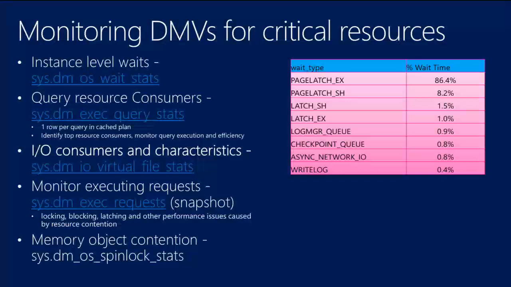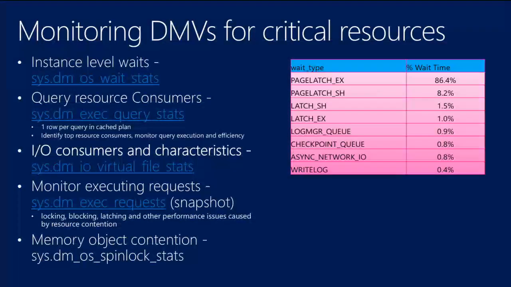We look at that a lot, and I think I have a separate slide for it as well, because it's very useful. Then there's exec requests, which gives you a snapshot and is a great way to see what's blocking, where queries are running that are contending for different resources. And in a similar vein, particularly for memory resources where you've got spin locks happening, it's a great thing to look at and understand DMOS spinlock stats.